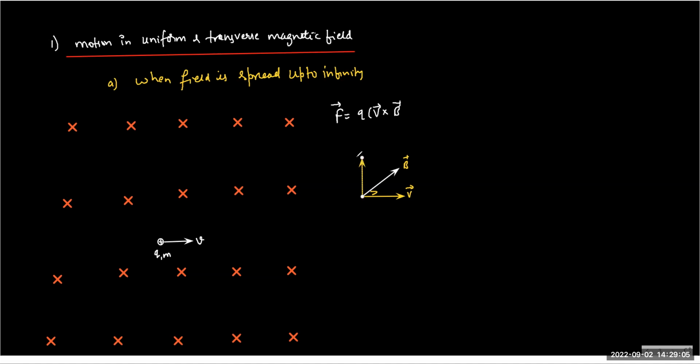So the direction of force will be in the same plane, this blackboard. So force is still perpendicular to the magnetic field and velocity. And because force is having no component along the velocity, what will change? Magnitude or direction, or both? This force is capable of changing what? Only magnitude, only direction, or both?